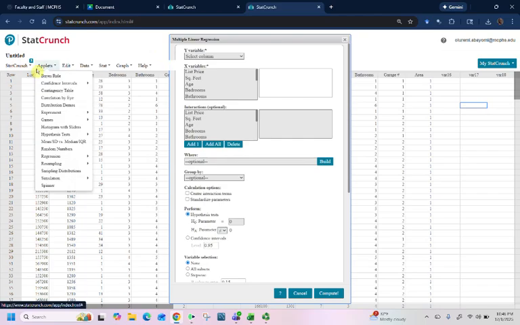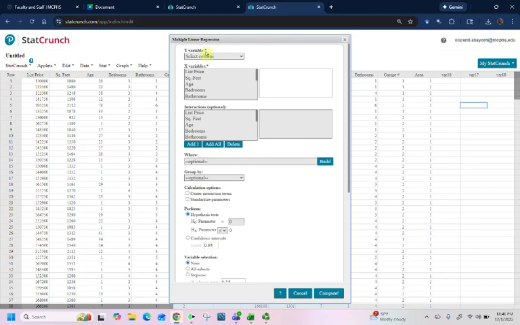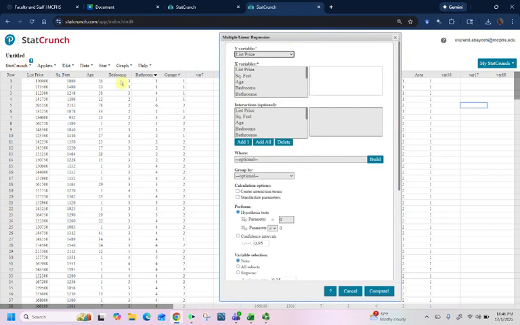What variable do we want to explain? That is the price. That's what we'd like to explain. So choose list price for Y. And we want to see how that can be explained by the square feet, age, bedrooms, bathrooms, and garage number.